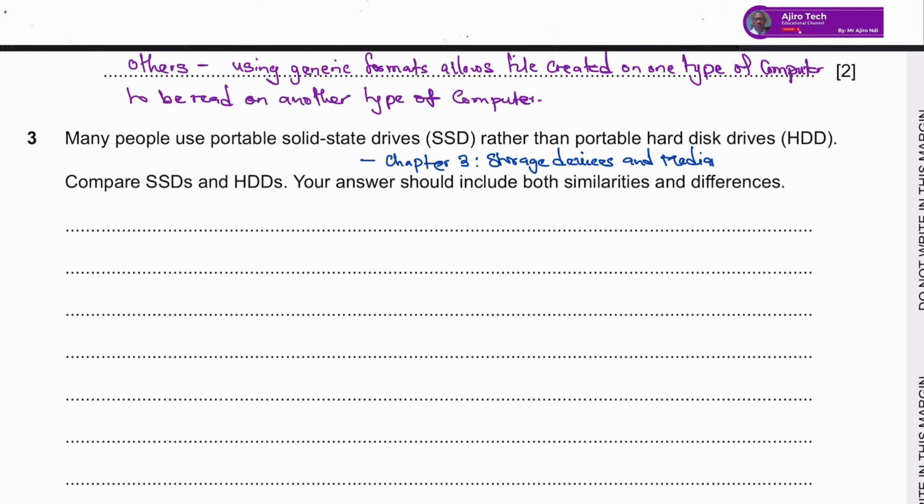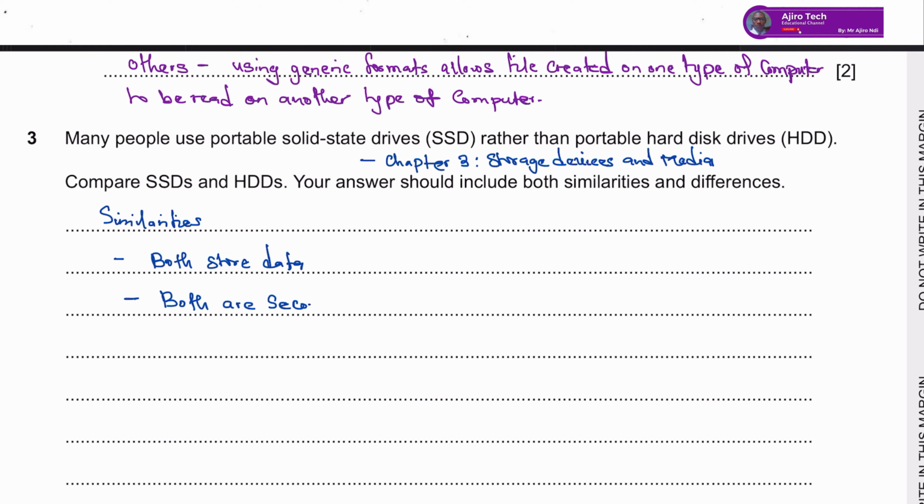Okay, so let's do this. Similarities. What do you think are the similarities for both of them? What do they store? They store data, right? So both store data. What else? Both, because they're portable, both are what?